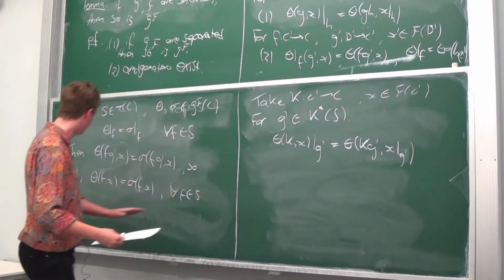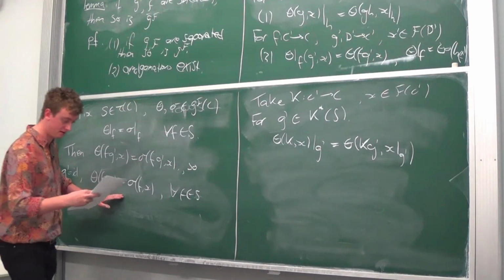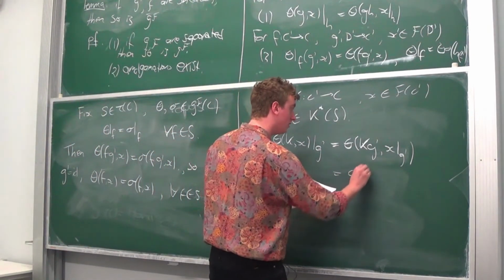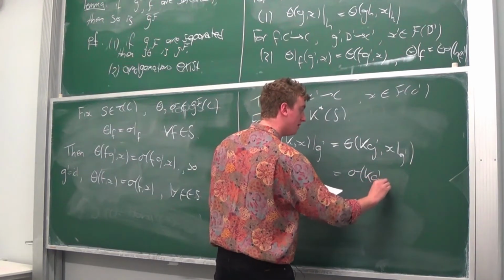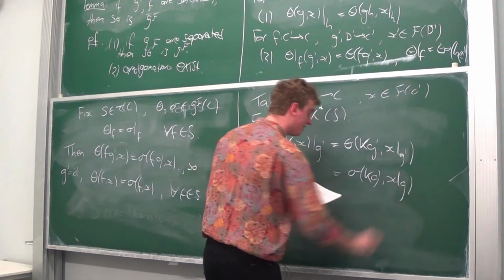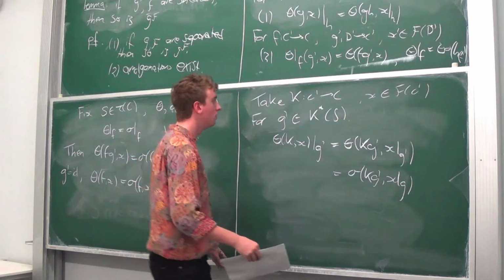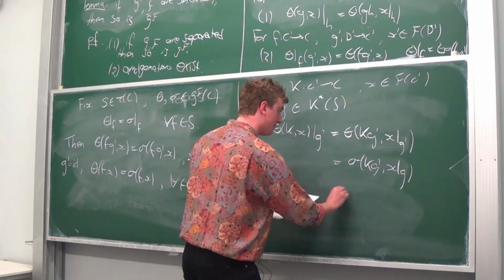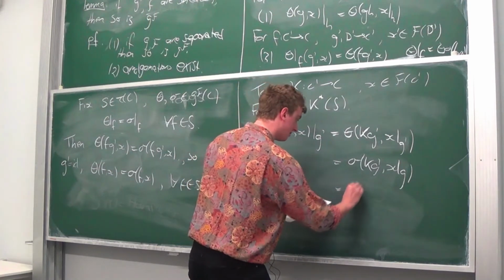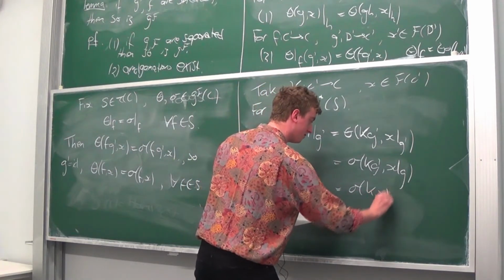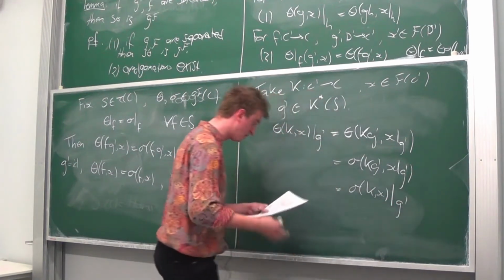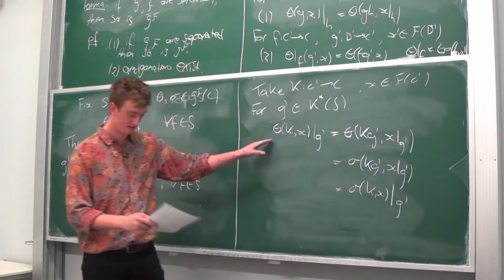Now we're in the territory to apply this. So then we have that sigma of Kg prime x restricted along G prime. These are equal. And now this means that theta of Kx restricted along G prime gives us this equality over here.